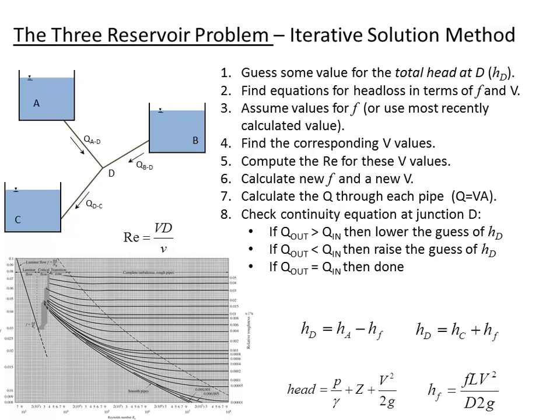Boy, that's really hard to see. Okay, going over here, that would be a value of 0.021, which is what we'll use for the 8-inch pipe as our initial guess.